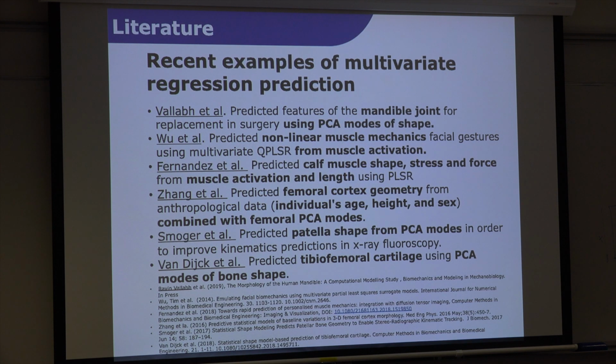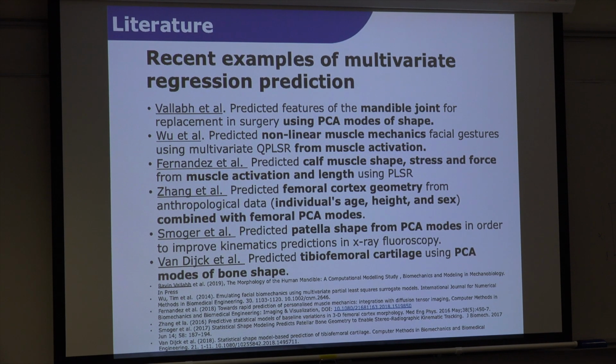Wu et al. used a multivariate and quadratic partial least squares method to predict nonlinear muscle mechanics from facial gestures and muscle activations. Whereas Fernandez et al. used a linear form of partial least squares regression to predict calf muscle shape, stress, and force from muscle activation and length.